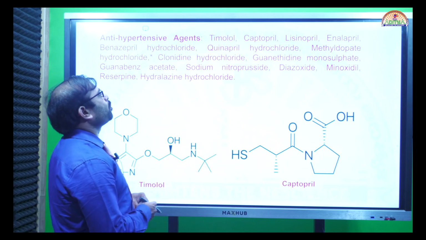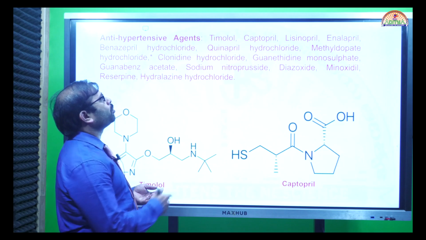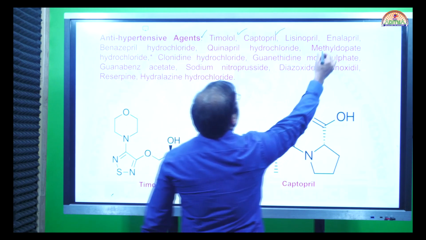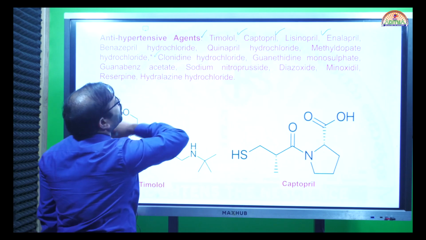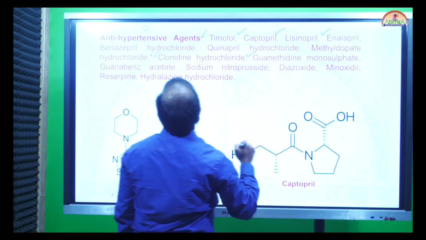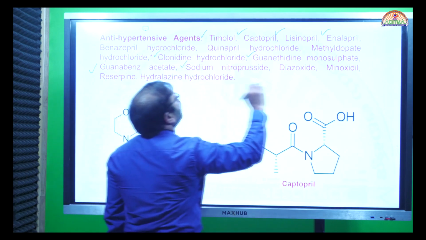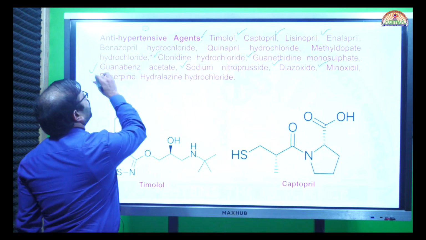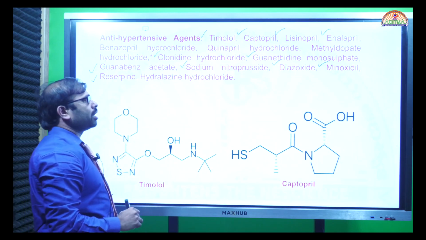The most commonly used antihypertensive agents nowadays are timolol, first, followed by captopril, lisinopril, enalapril, enalapril hydrochloride, clonidine hydrochloride, guanethidine monophosphate, guanabenz acetate, sodium nitroprusside, diazoxide, minoxidil, reserpine, and hydralazine hydrochloride.